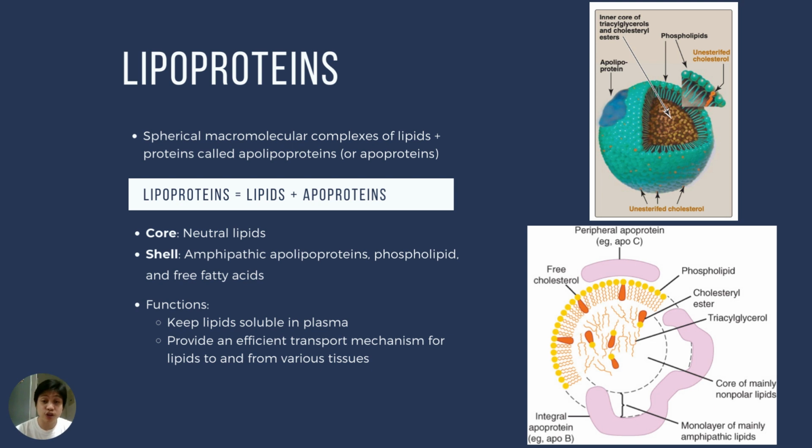So you have free cholesterol in the shell, and you have integral apoproteins. So we have peripheral and integral apoproteins. Peripheral apoproteins float in the lipoprotein molecule, whereas integral apoproteins insert themselves deeply into the lipoprotein molecule.